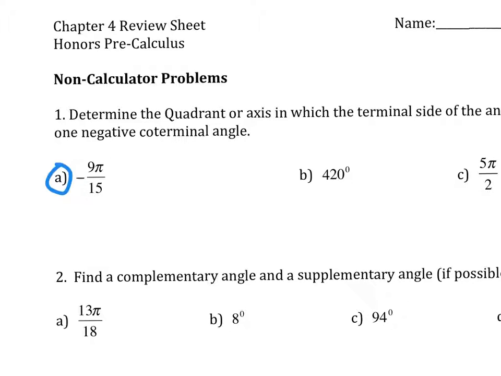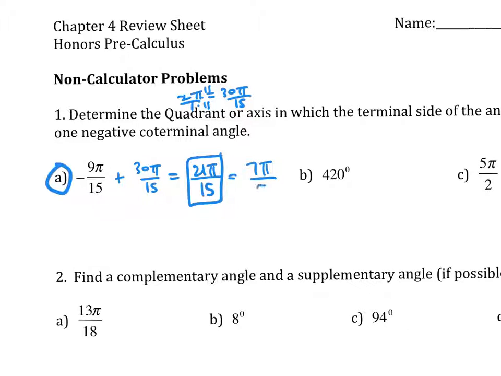The other way to do this is to simply add multiples of 2 pi. So 2 pi is equivalent to 30 pi over 15 in this case, right? If I multiply by 15 over 15, since I want the common denominator. So if I add 30 pi over 15, then I get positive 21 pi over 15 as a positive coterminal angle, which could also be written down as positive 7 pi over 5 when reduced by 3.